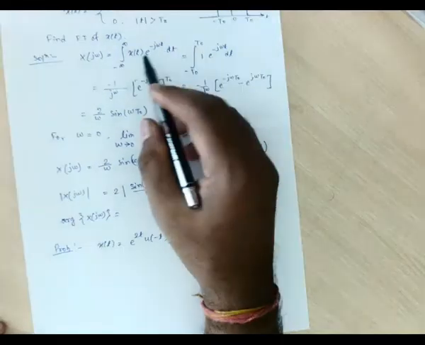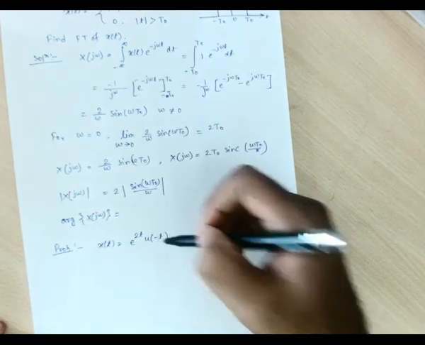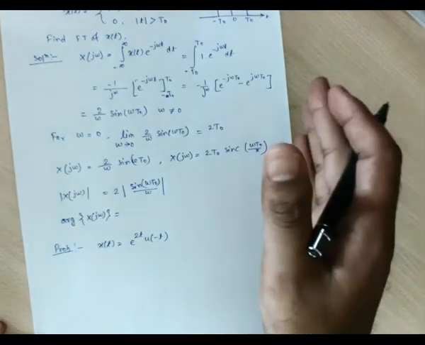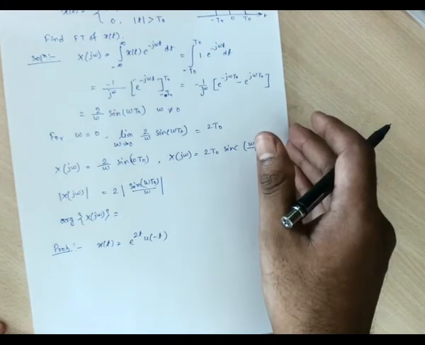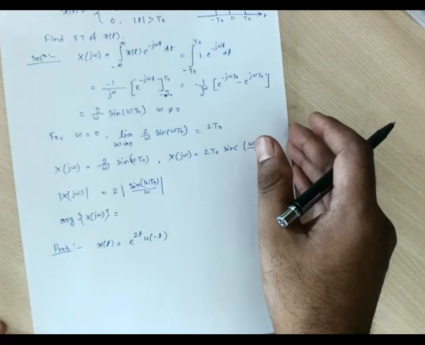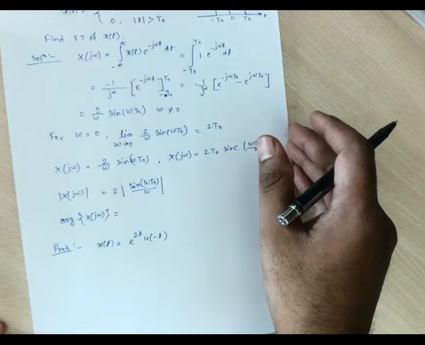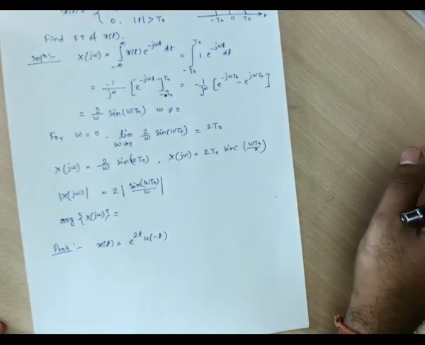Same, we need to put this x of t over here, but it is u of minus t, right? So where will it start from, as it is minus t? If it is plus t, u of t, it starts from 0 and goes to the right hand side.